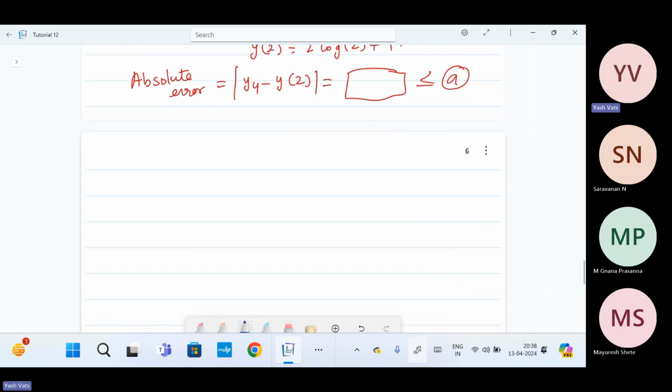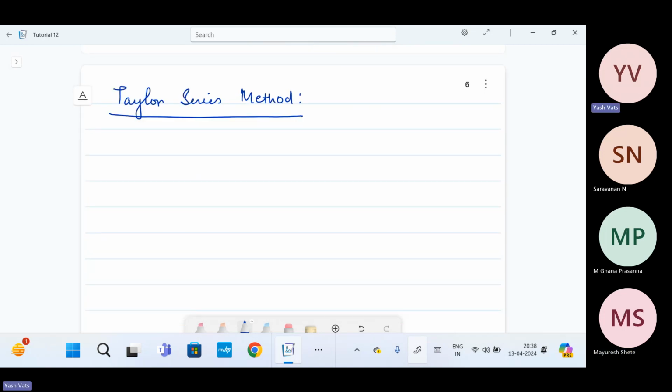Right, so we can discuss Taylor method. It's just an extension of Euler method.